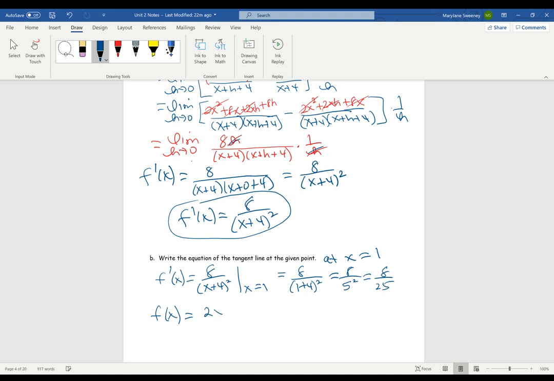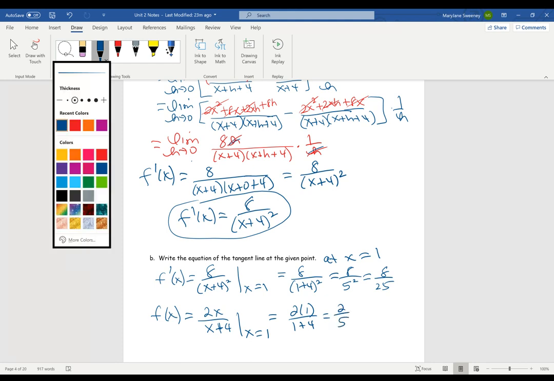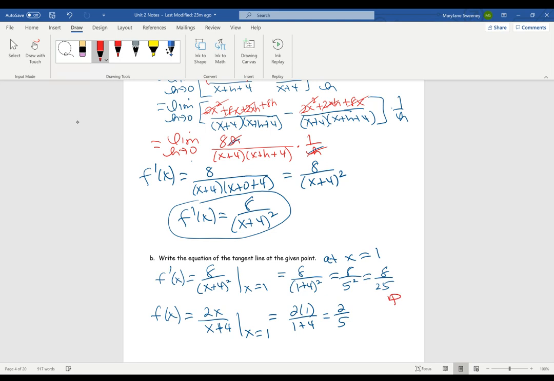So I take the original f of x function that was given in the beginning, and I plug in x as 1. And that is my y-coordinate. So just a reminder, this is my slope, this is my y-coordinate. So the tangent line is passing through the point 1, 2/5, right? X is 1, this is the y, which is 2/5.